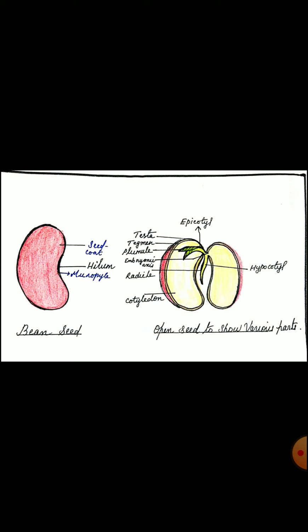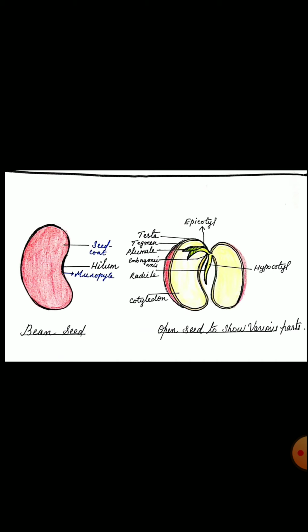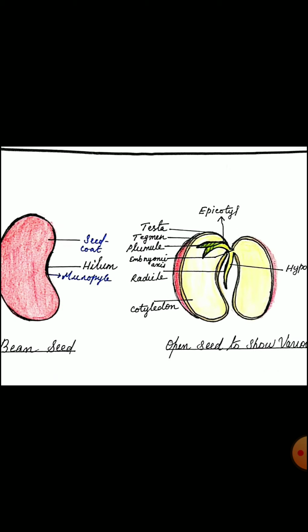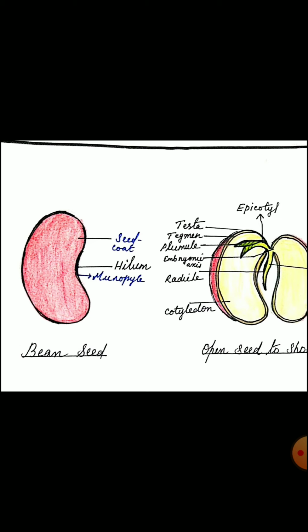Now we will study the structure of a bean seed. Kidney beans are dicotyledonous seeds and they are non-endospermic. Dicotyledon means two cotyledons are present.